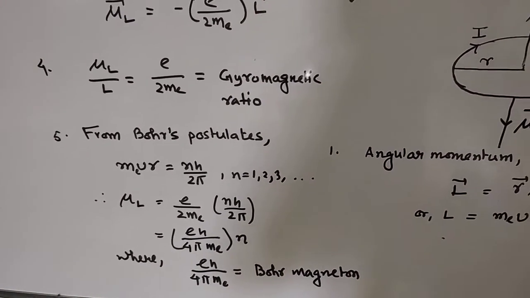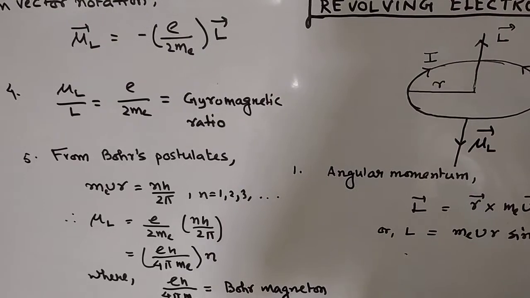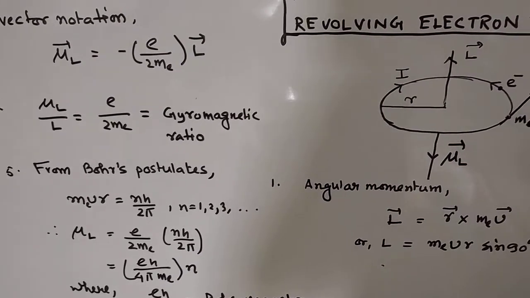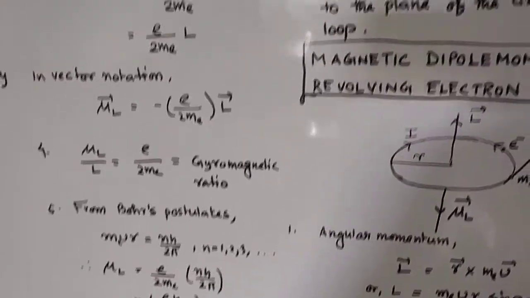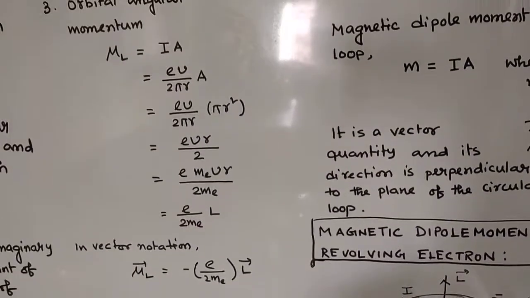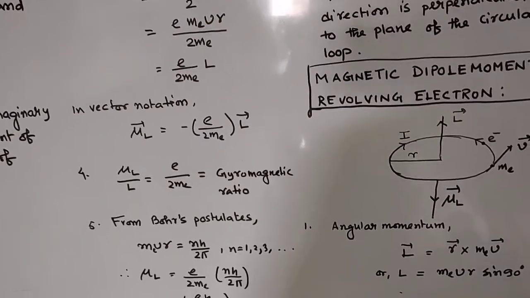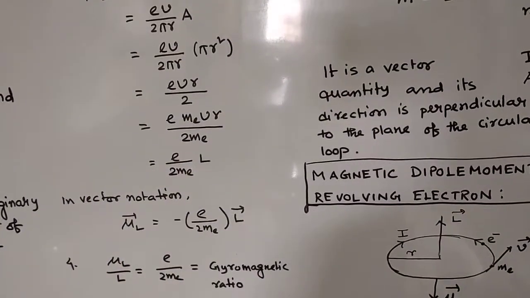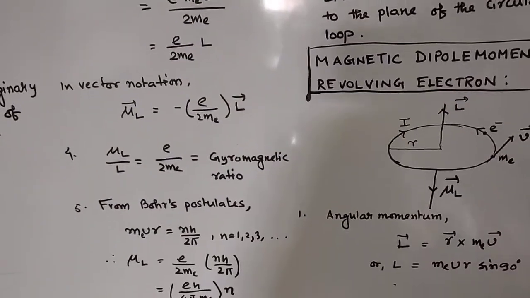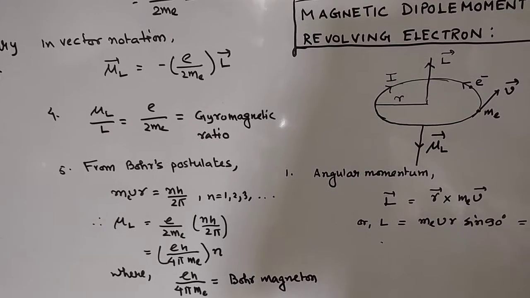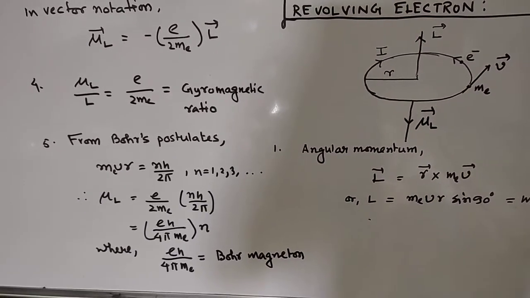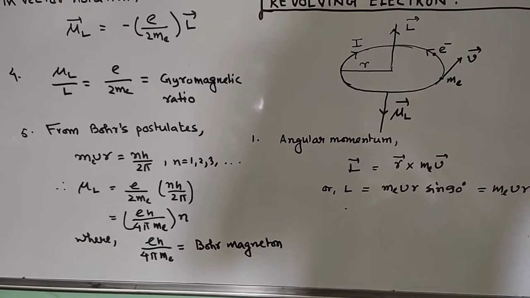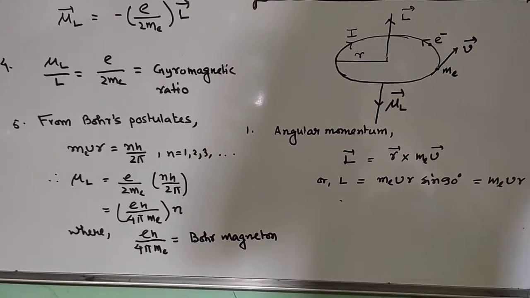So m_e v r equals n h by 2 pi, with n equal to 1, 2, 3, etc. So we have to express mu L as e m_e v r by 2 m_e, that is e by 2 m_e times n h by 2 pi. So e h by 4 pi m_e times n, and e h by 4 pi m_e is nothing but your Bohr magneton.